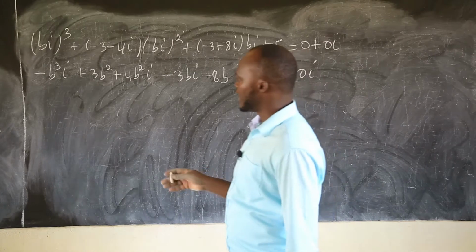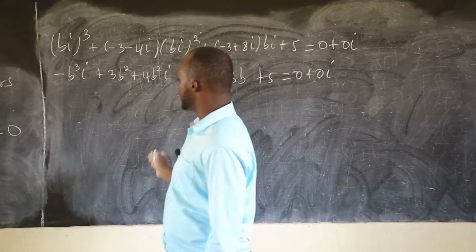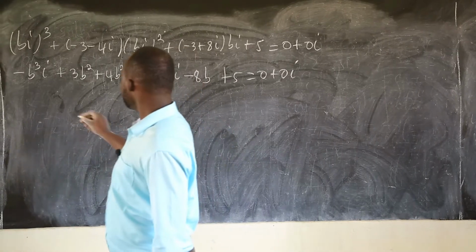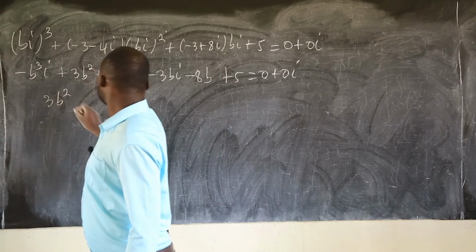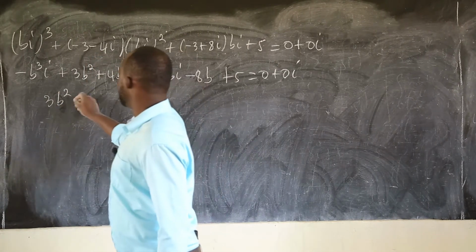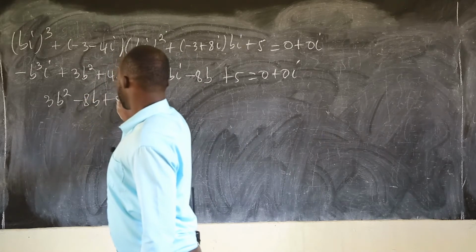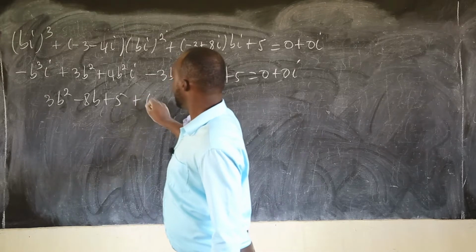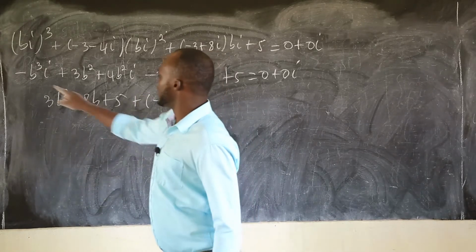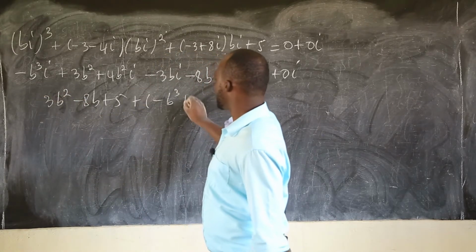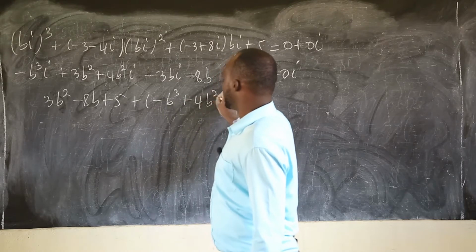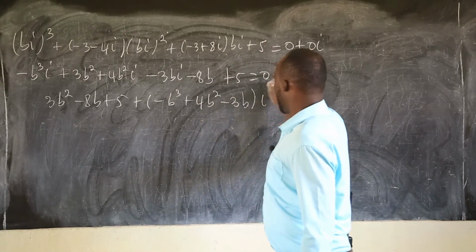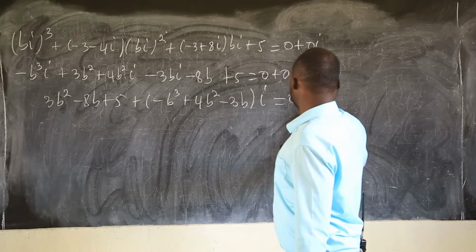So real part and imaginary part together. For the real part, I have 3b squared minus 8b plus 5. For the imaginary part, I have negative b^3, which is this one, plus 4b squared, minus 3b, times i, equal to 0 plus 0i.